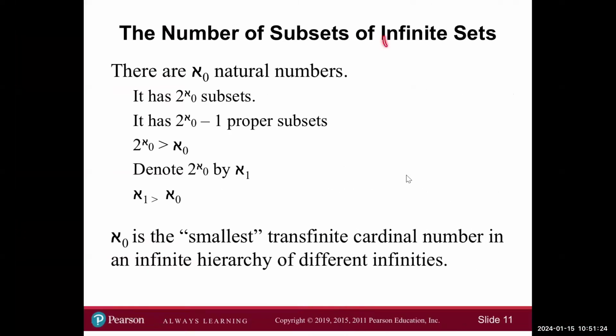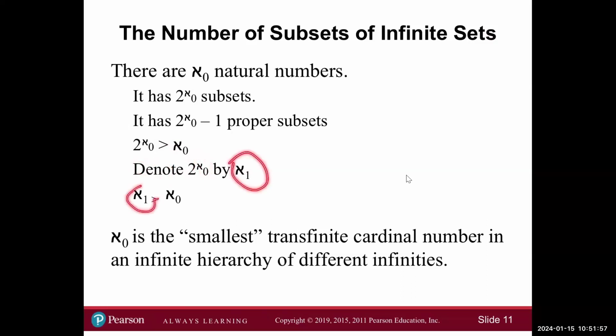The number of subsets of an infinite set. The symbol for the natural numbers is N. The cardinality n sub 0 has 2 to the n sub 0 subsets, and 2 to the n sub 0 minus 1 proper subsets. 2 to the n sub 0 is greater than n sub 0, denoted by n sub 1.